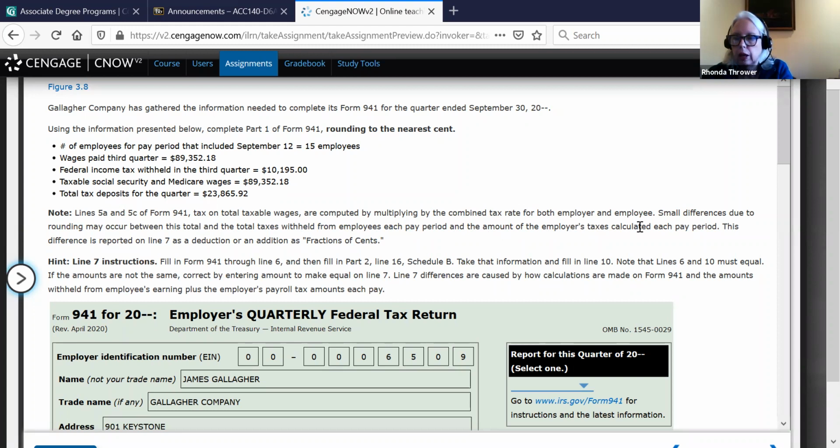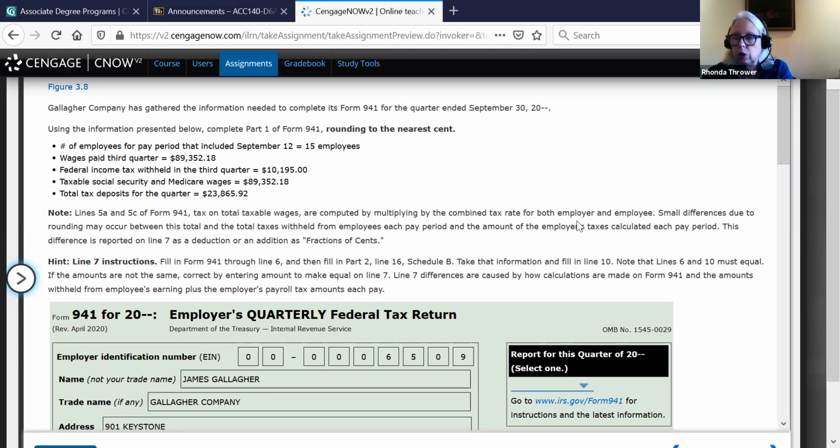You'll remember that when we were calculating our individual problems, we took out for the employee the amount of the FICA taxes, and we also have to match that. So that's why the rates are combined on the 941 form.